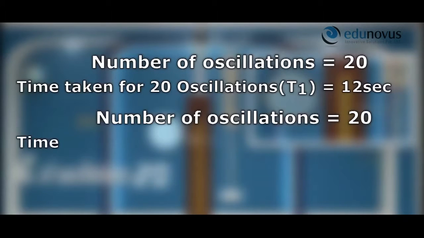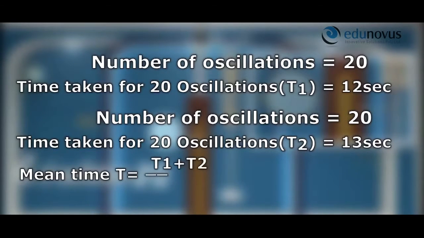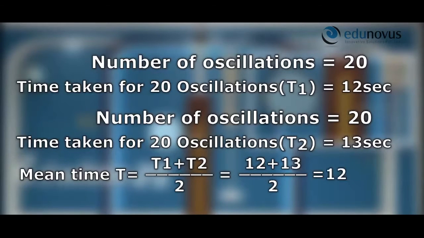Therefore, the time taken for 20 oscillations is 13 seconds. Note it down as T2 in the observation table. Now, we take the mean of T1 and T2 as the time for 20 oscillations. Therefore, T is equal to (12 + 13)/2, which is 12.5 seconds.